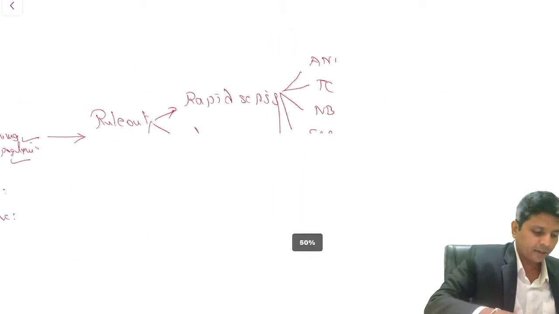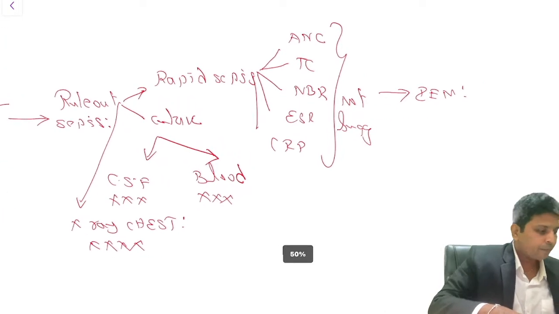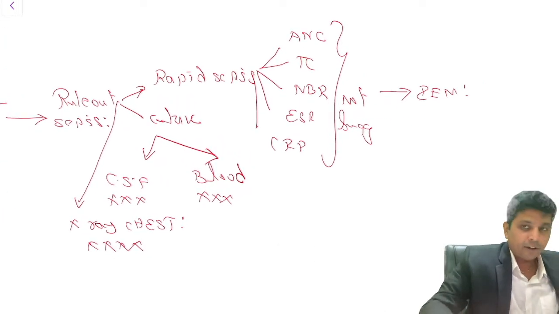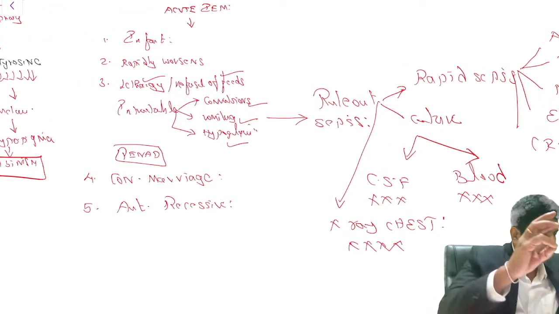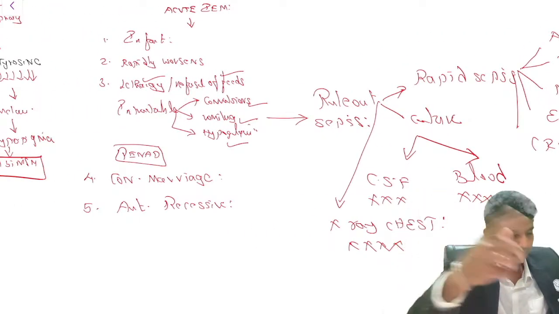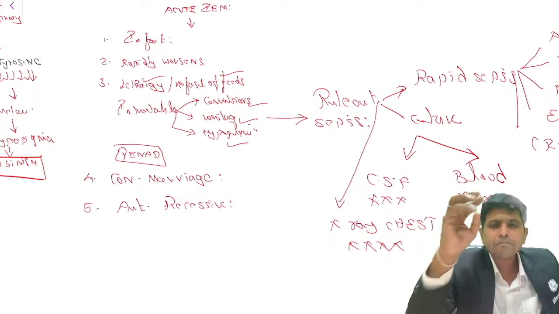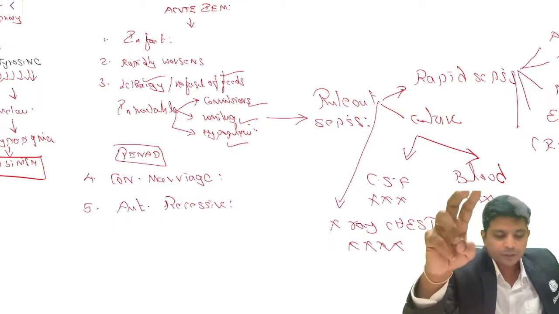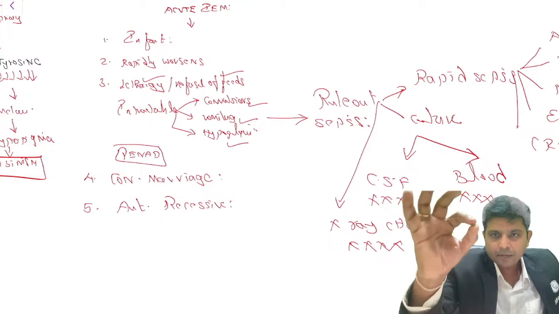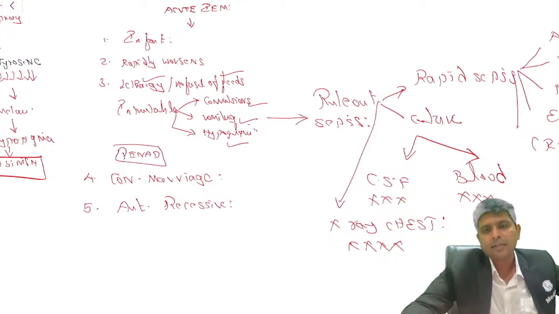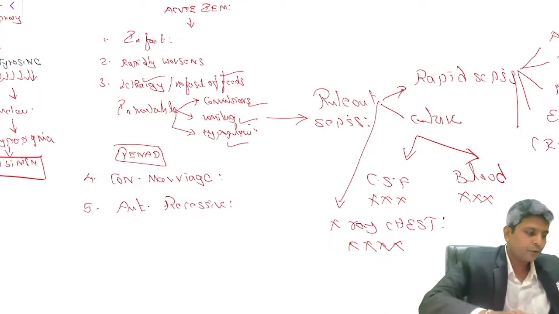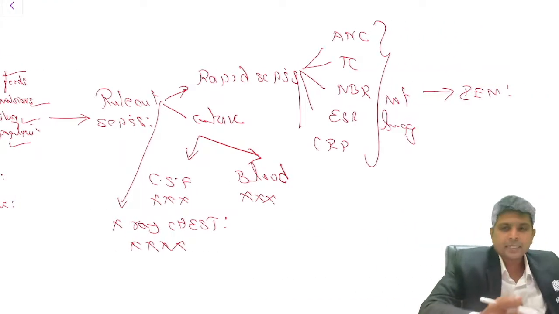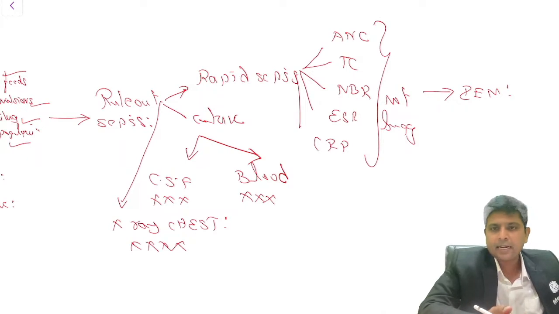My dear boys and girls, is it clear for you? Whenever you have a pentad of lethargy, refusal of feeds, intractable vomiting, intractable convulsions, and intractable hypoglycemia, the first thing is you need to rule out sepsis by direct test and indirect test.